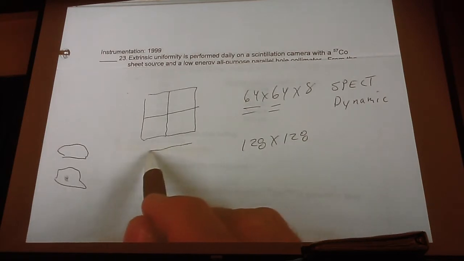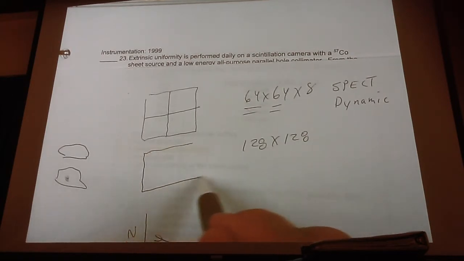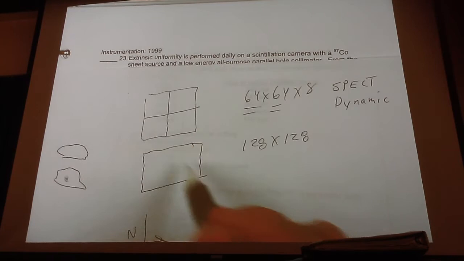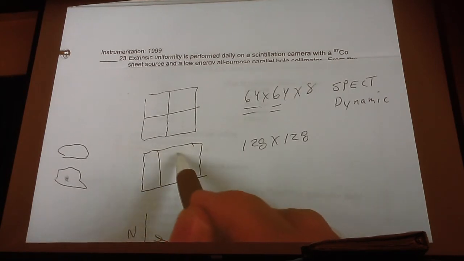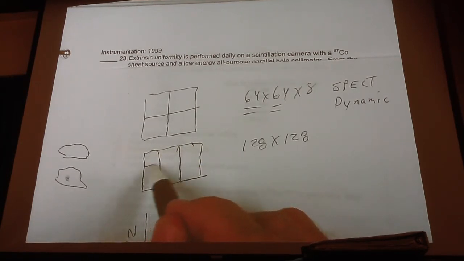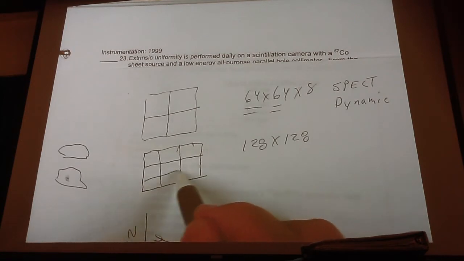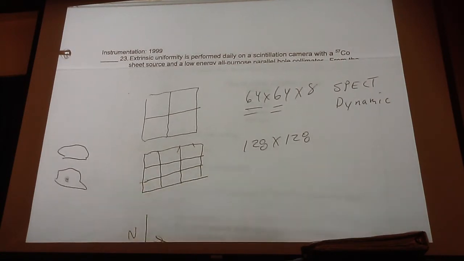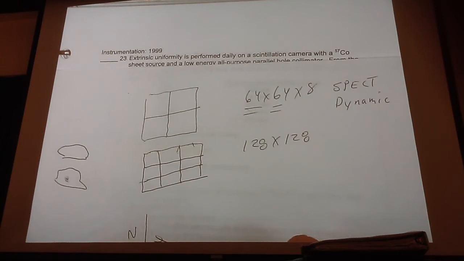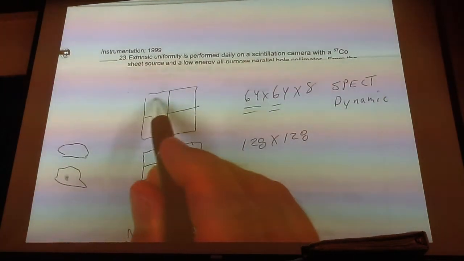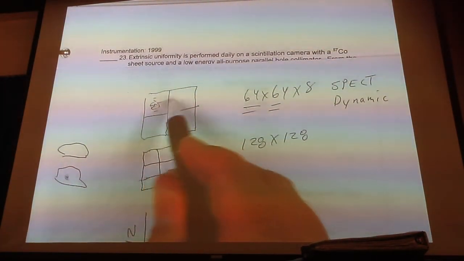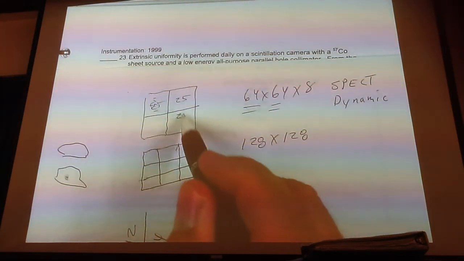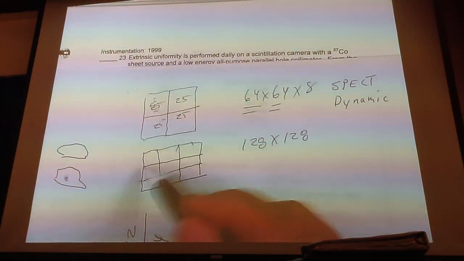If I go to 128 by 128, let's say that I have 100 counts evenly distributed. I'm going to have 25 in here, 25 here, 25 here, 25 here. How many am I going to have in here?